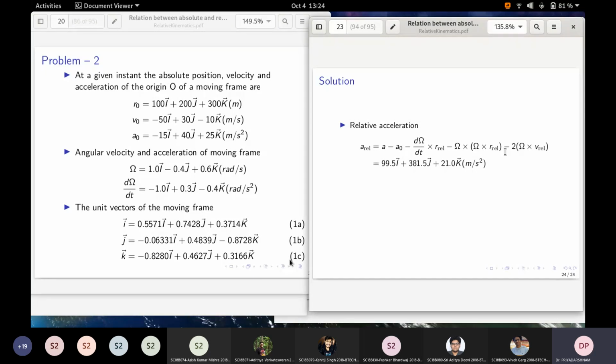Omega is known, and then the Coriolis acceleration. Simply subtract them and obtain this expression. I'll not go into the details, but is the strategy okay? It's simply substituting in those expressions, that's all.